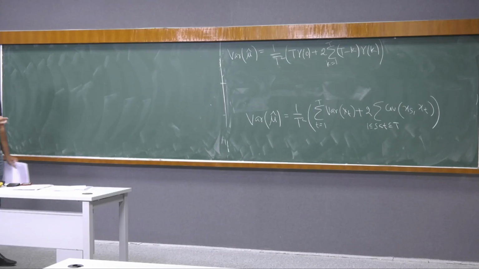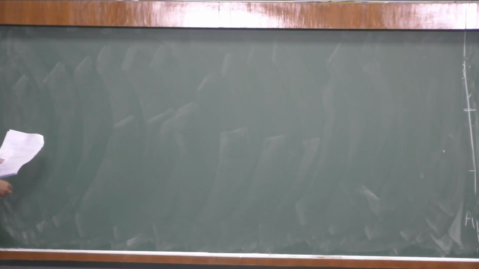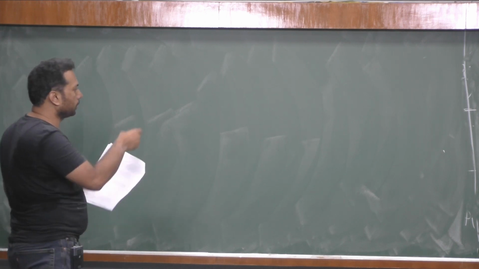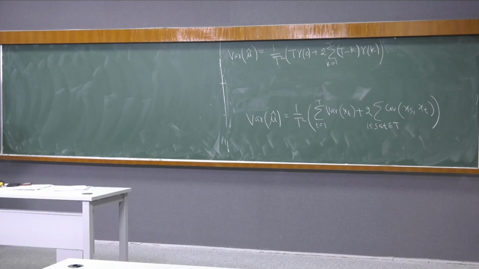If we look into the second term, which is the covariance of xs and xt, because there is an ordering of s and t, we can say that we have terms like this.